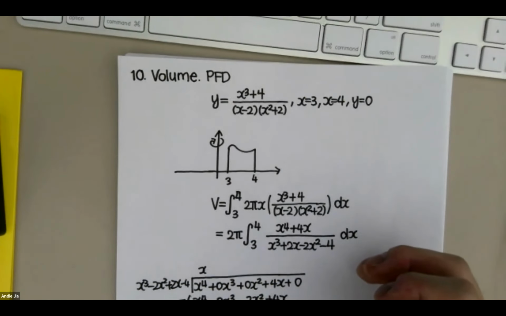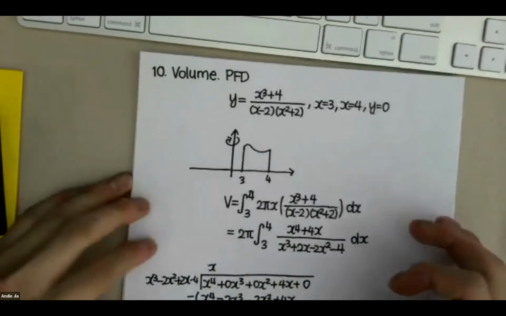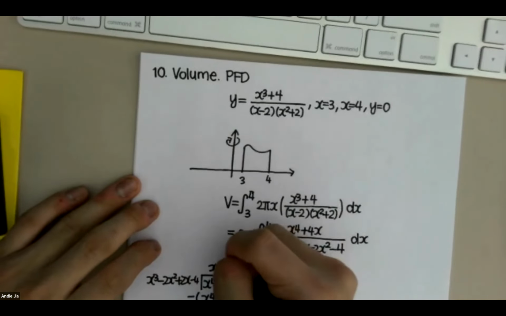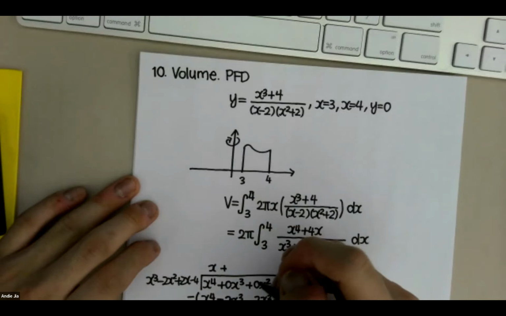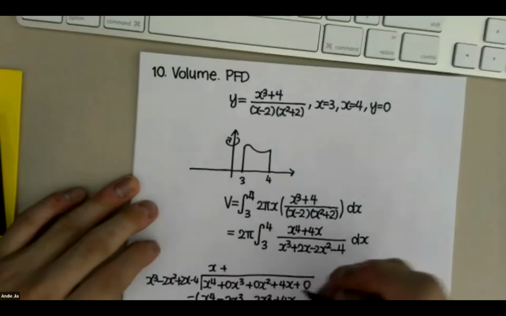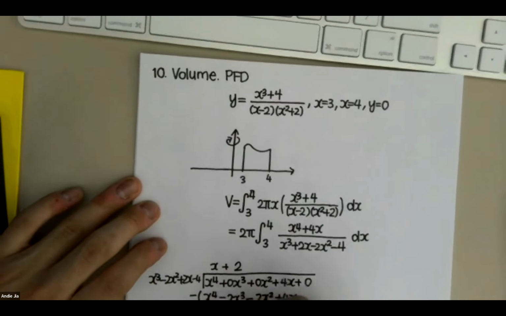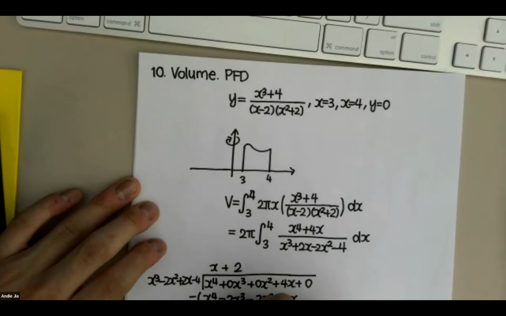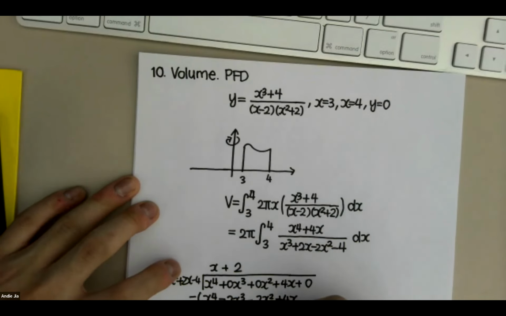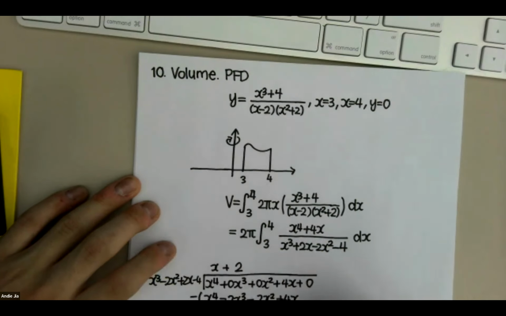And do you think I do another round of division? So if you collect terms, we get 2x squared minus 2x squared plus 4x minus 8.